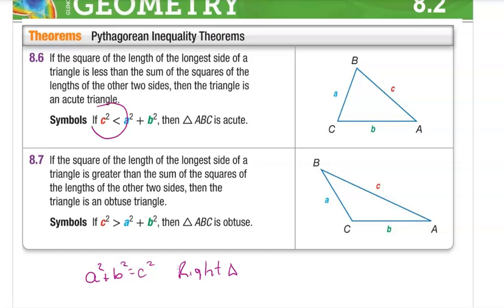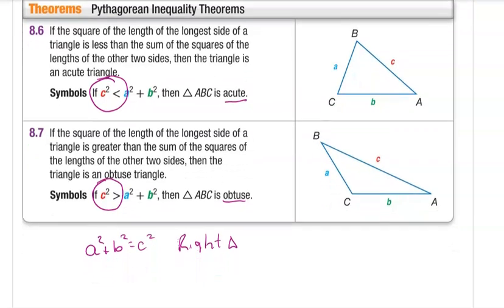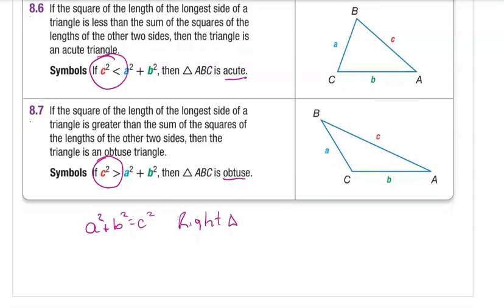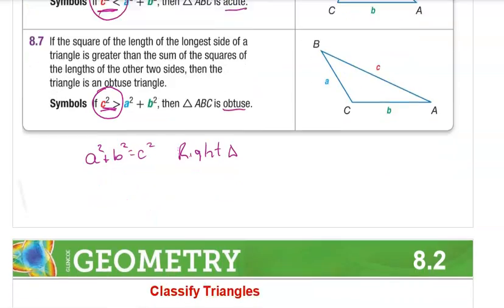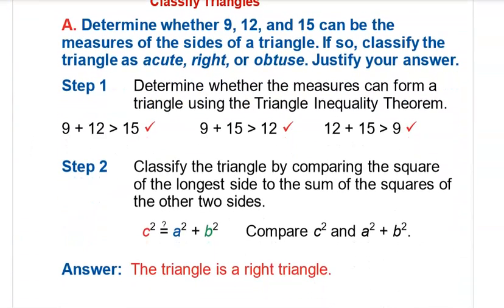Well, it turns out that if c squared is less than or greater than a squared plus b squared, then I can figure out what kind of triangle these are. If c squared is less than a squared plus b squared, then it's an acute triangle. If it's greater, it's obtuse. So the trick with this is to figure out your c squared and put it on the left, because that's where these equations are. If you switch it, then you have to switch the signs, but it's a little tricky.